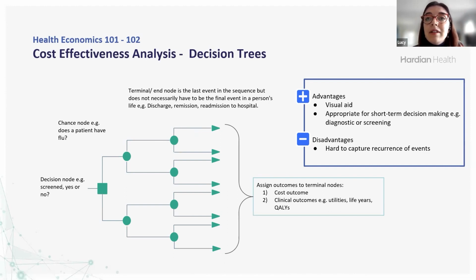So that really is the main downfall of using decision trees as the key structure for cost effectiveness analysis.